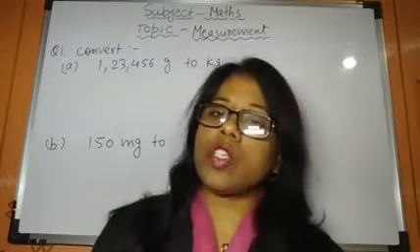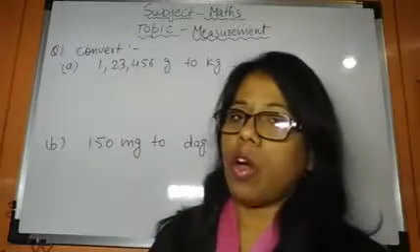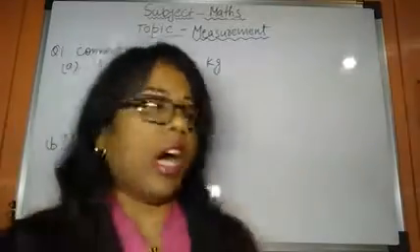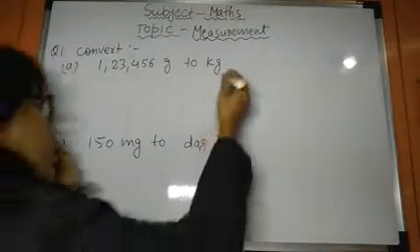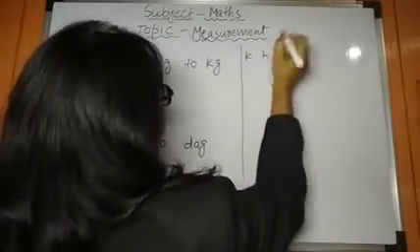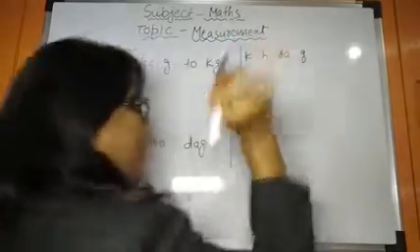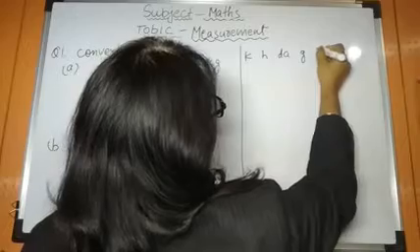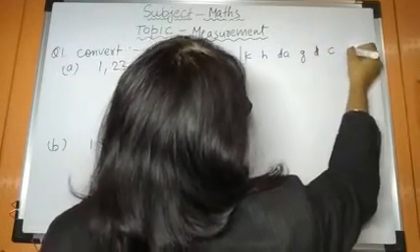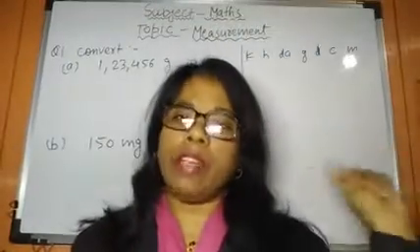Fine. So first rule is that whenever you are going to solve any conversion sum of units of measurement, first of all you will make a rough chart of units like kilo, hecto, deca, then gram, meter, whatever is there, then deci, then centi, then milli. So you will make that rough diagram.